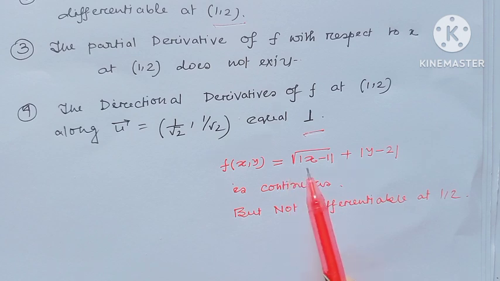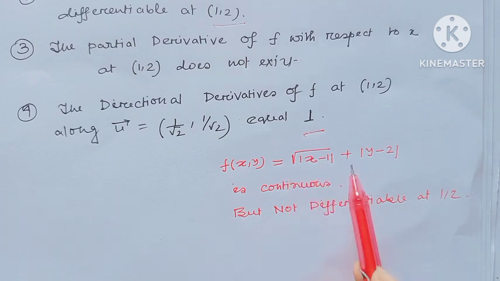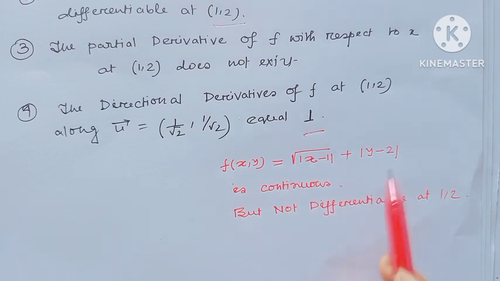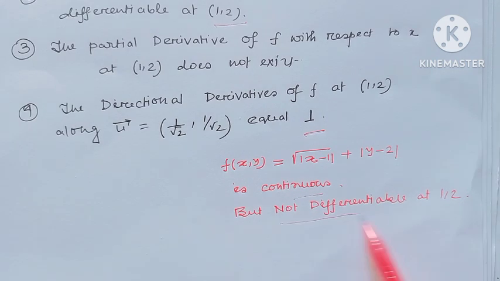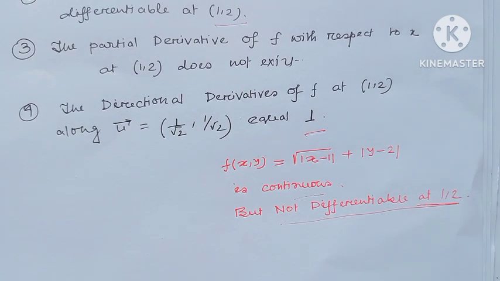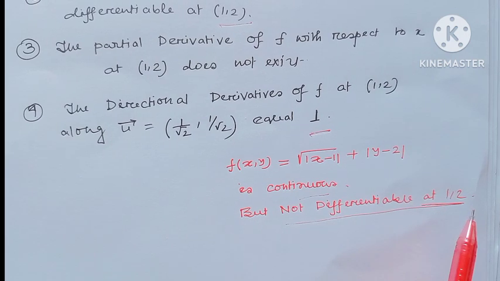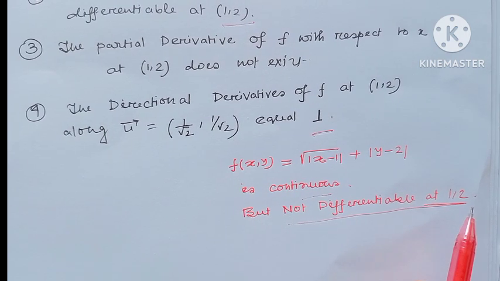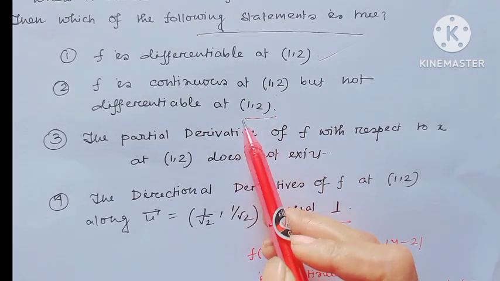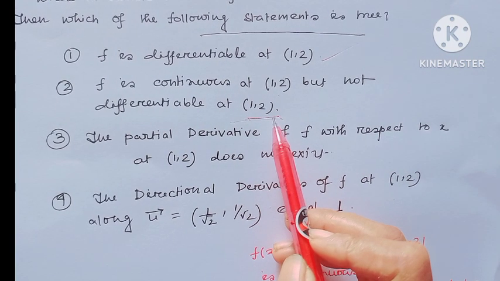We all know that if f(x,y) equals square root of x minus y plus y minus 2, this is continuous but not differentiable at (1,2). If we apply this method, the function would be continuous but not differentiable at (1,2).